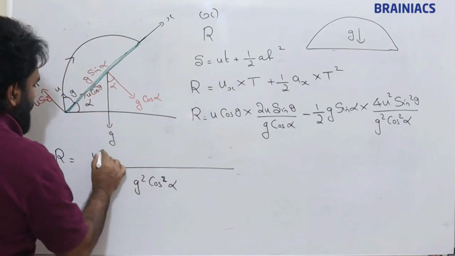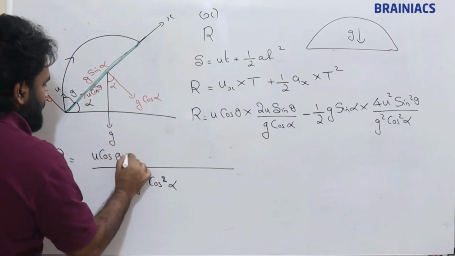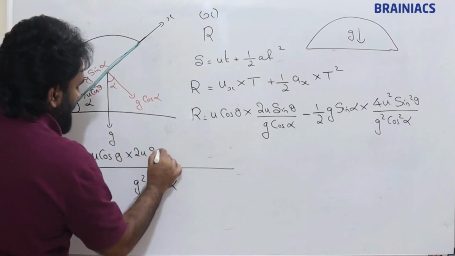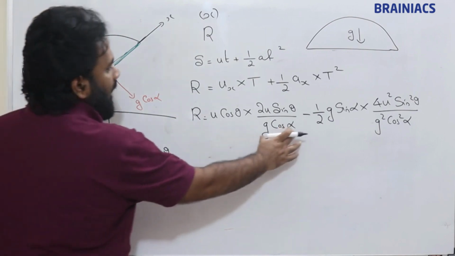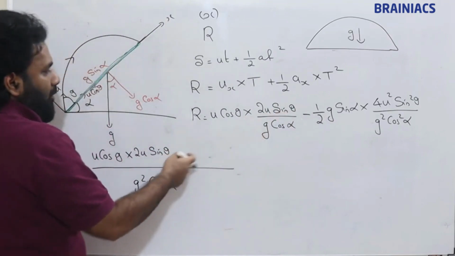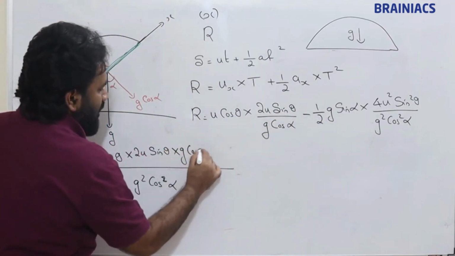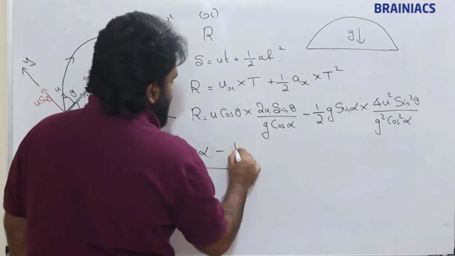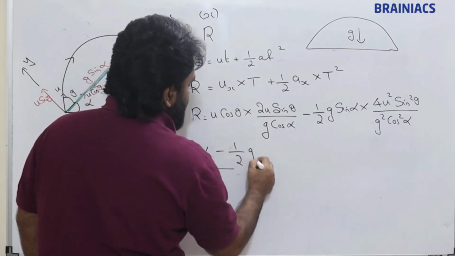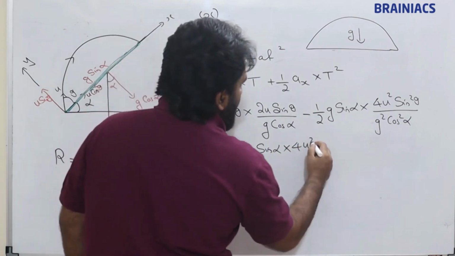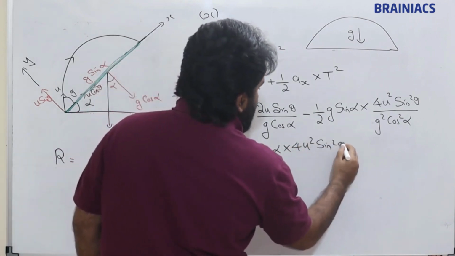Here this is u cos theta into 2u sin theta. So we will have to multiply with the g square cos square alpha. 1 will be cancelled out. So g cos alpha minus half g sin alpha into 4u square sin square theta.